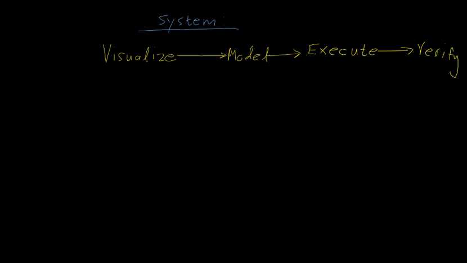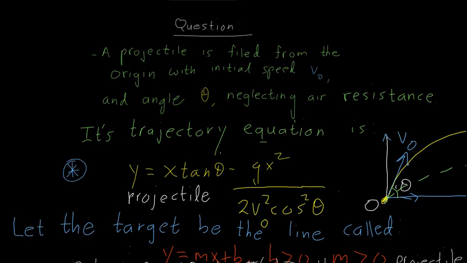Okay. So using that framework, we're going to solve the following problem. The situation: the projectile is launched from the origin, as I mentioned, with a fixed initial speed v0 and a launch angle theta. It follows a parabolic trajectory, as you can see here. The target is a slanted line sitting above the origin, as you can see right here.